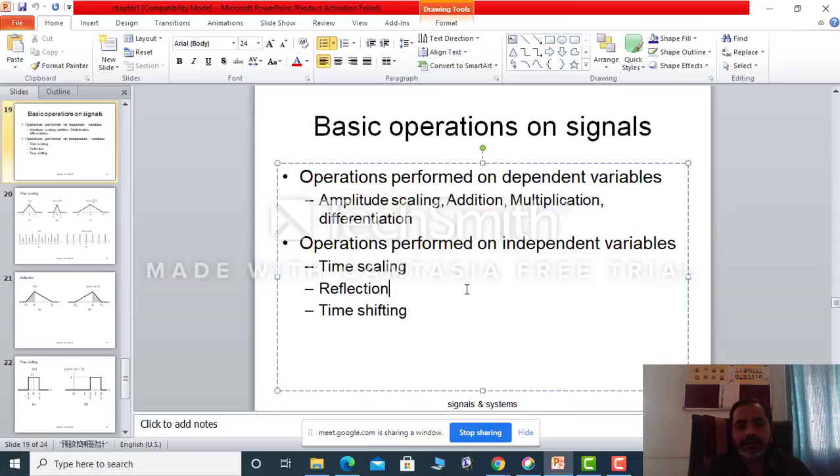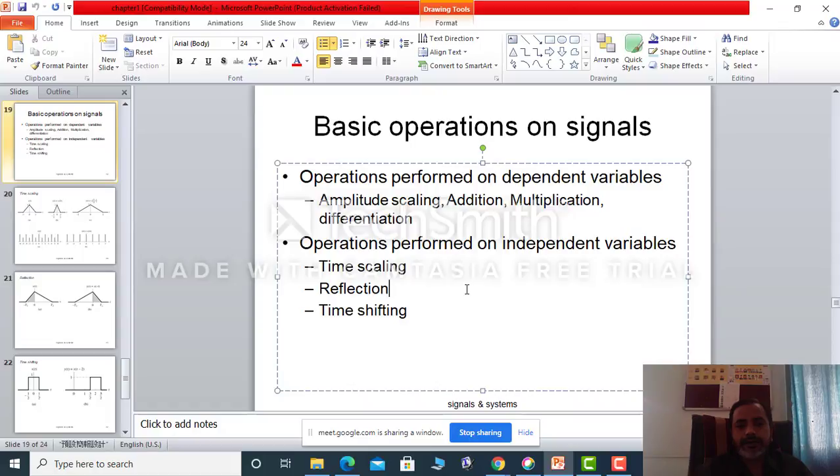Mathematically, this function or operation is written as, for compression, x of a into t.